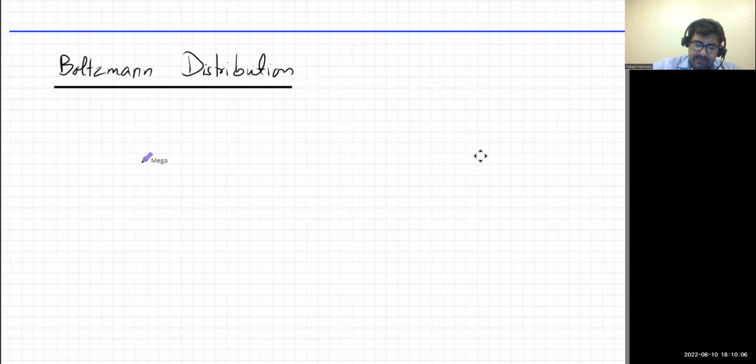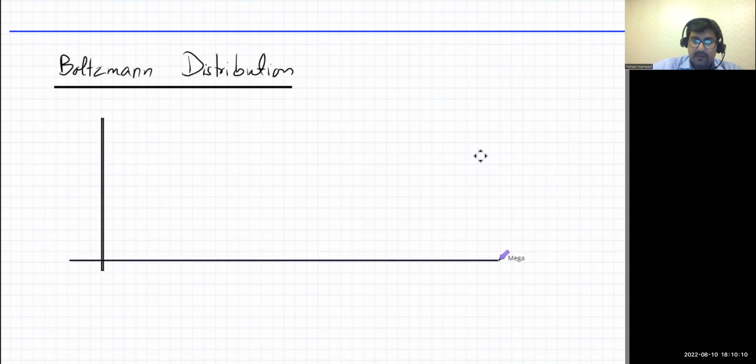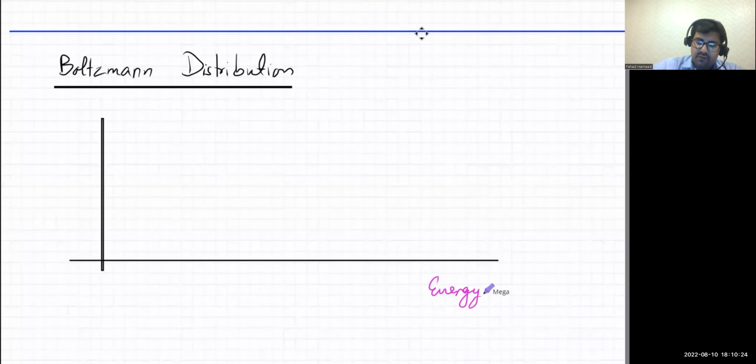Most Boltzmann distributions kind of look like this. They'll have two axes. One of them would be energy. So let's say you have a room and it's got all these gas particles. The other axis was the number of particles, or the percentage or proportion of particles.